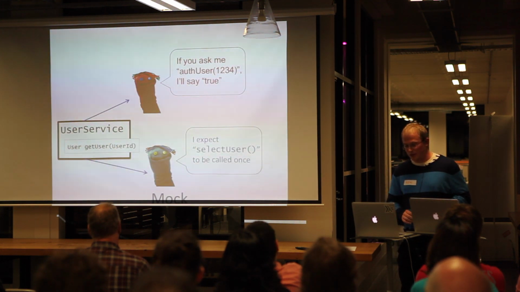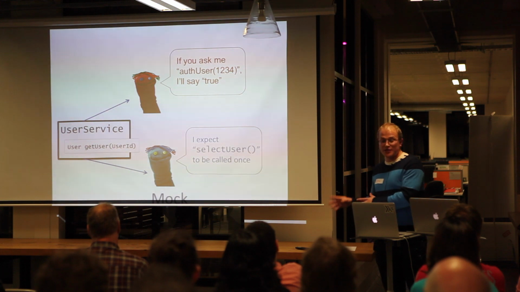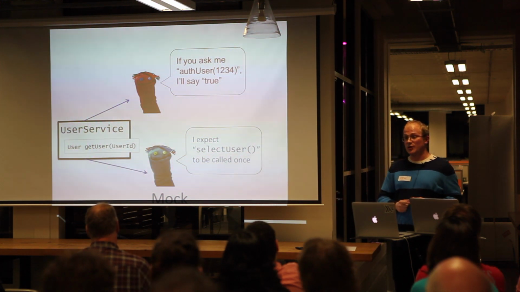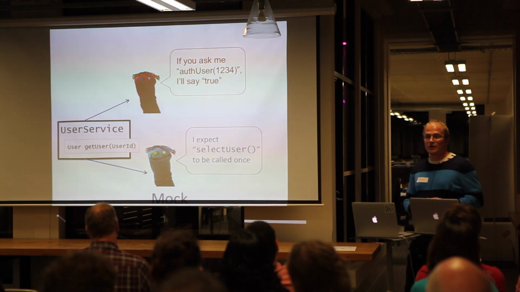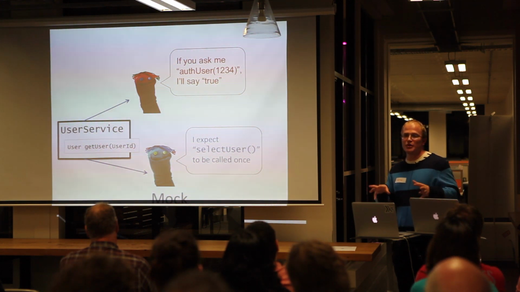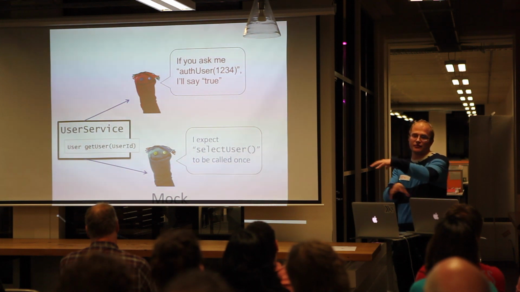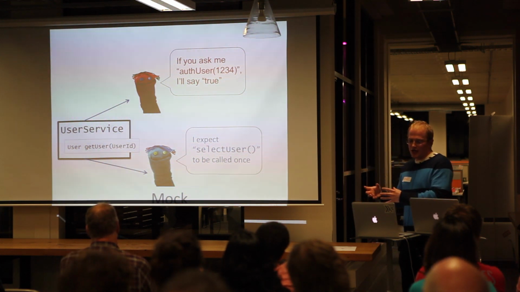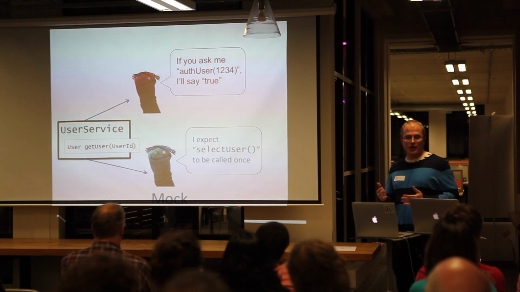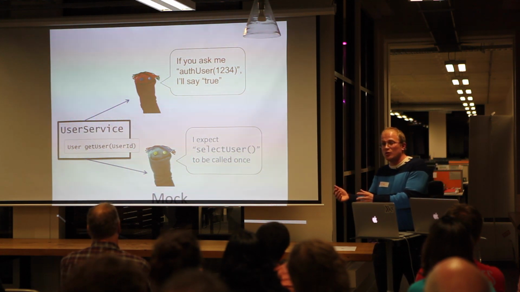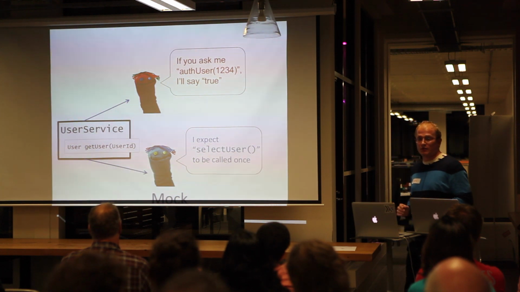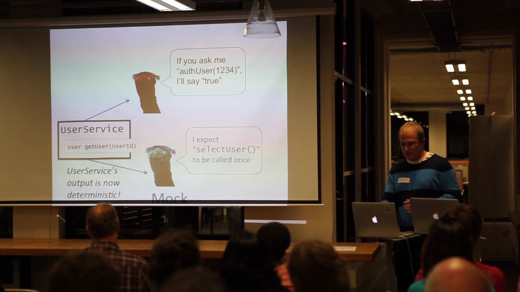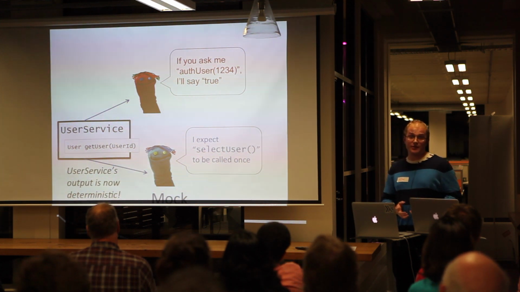And so once again, we replace all that machinery with another sock puppet that says, I expect select user to be called once. So instead of the effect that it has in the world being dependent on a bunch of real-world things that shift and change and will be in a different state when it starts and ends, we're cutting it off at the knees and saying, we're just going to detect that method call and that's it. That's all we care to detect. So the output is now deterministic.